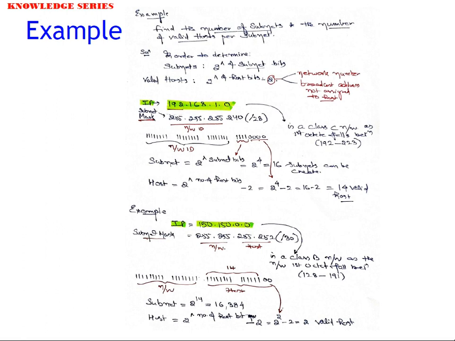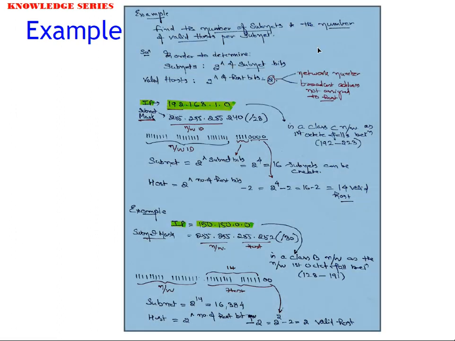We see another example with respect to subnets: find out the subnets and the number of valid hosts per subnet. That means if we are given one IP, from that IP we have to find out the number of subnets and the number of valid hosts. What is a valid host? Whenever the net ID and the host ID are valid, that is what we term a valid host. So if you want to find the subnets, this is the formula: subnets equal 2 to the power of subnet bits.